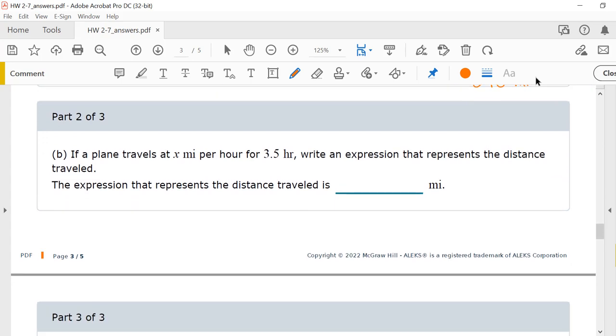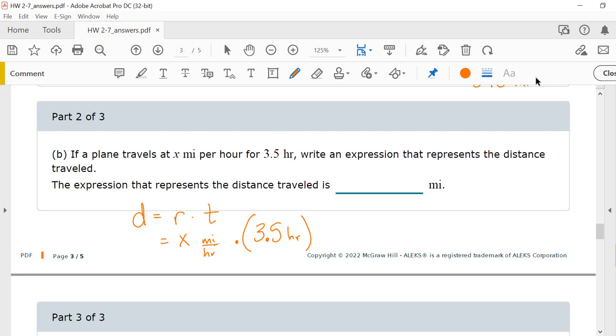Part 2, if a plane travels at X miles per hour for 3.5 hours, write an expression that represents the distance traveled. So again, distance is rate times time. So my rate is X miles per hour, and my time is 3.5 hours.